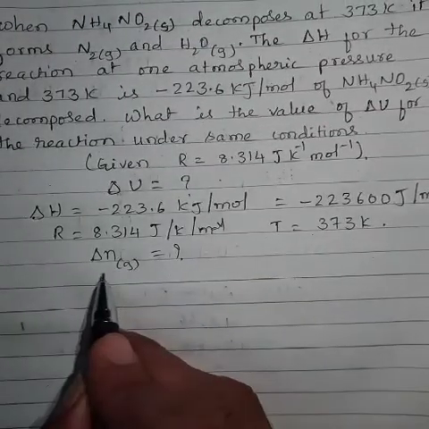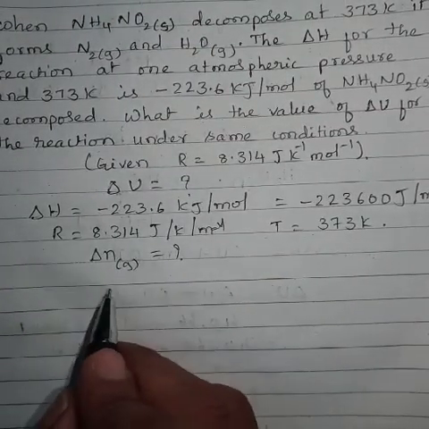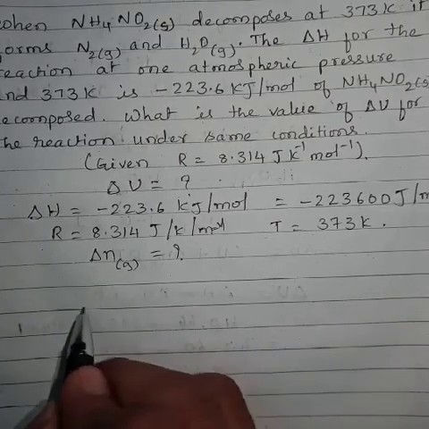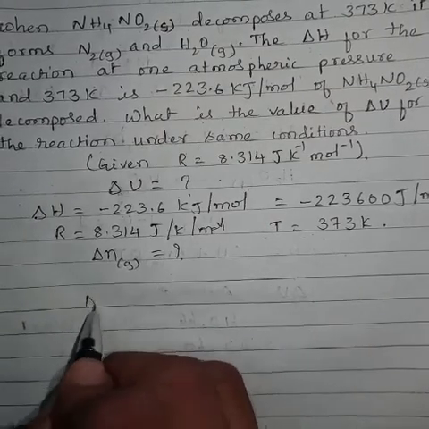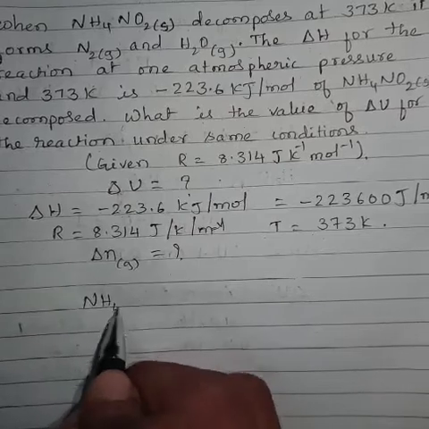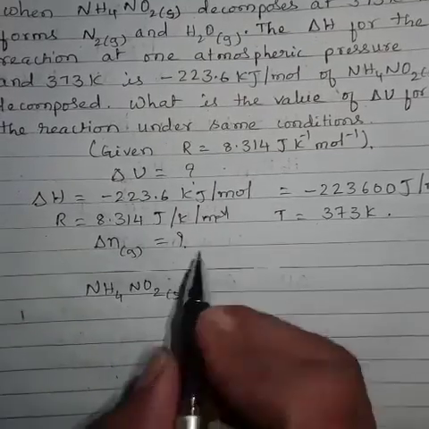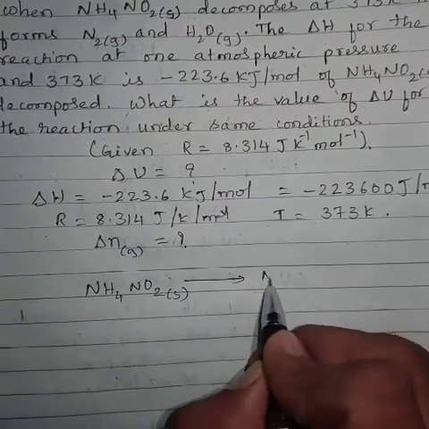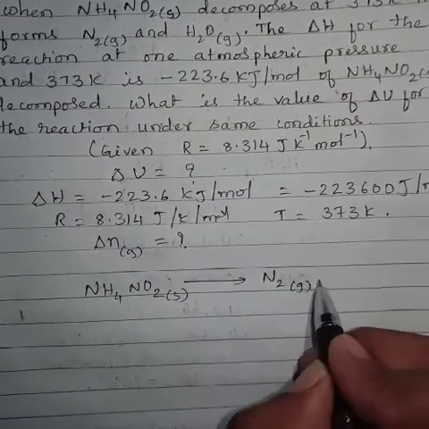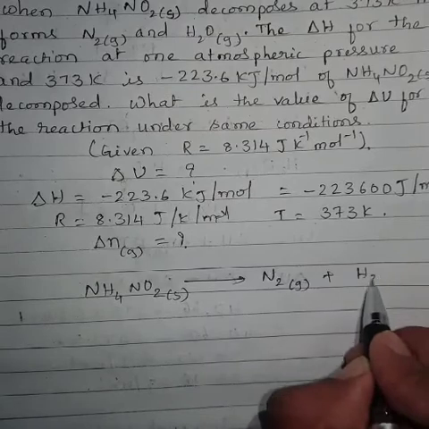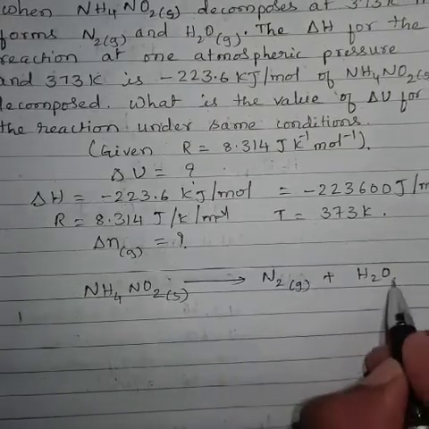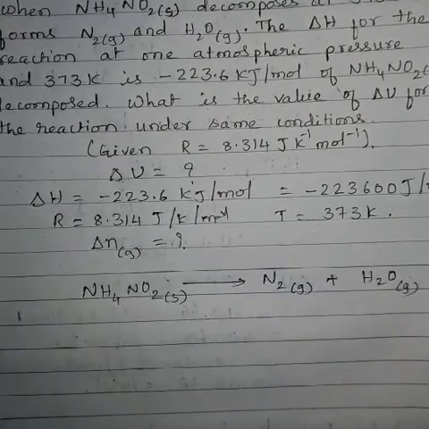To calculate delta Ng value we require the decomposition equation. Ammonium nitrite NH4NO2, which is a solid, on heating converts to nitrogen gas and water. It is also in the gaseous state.